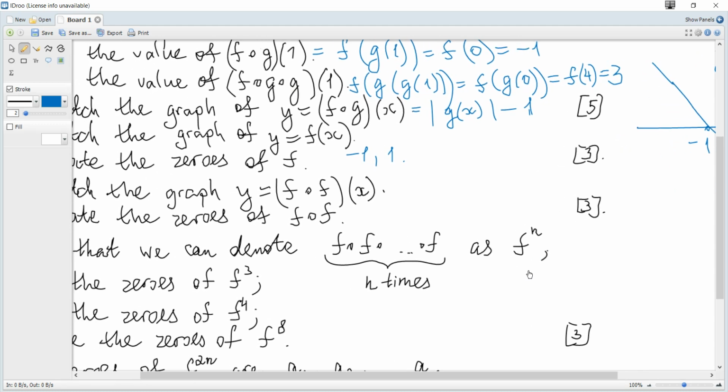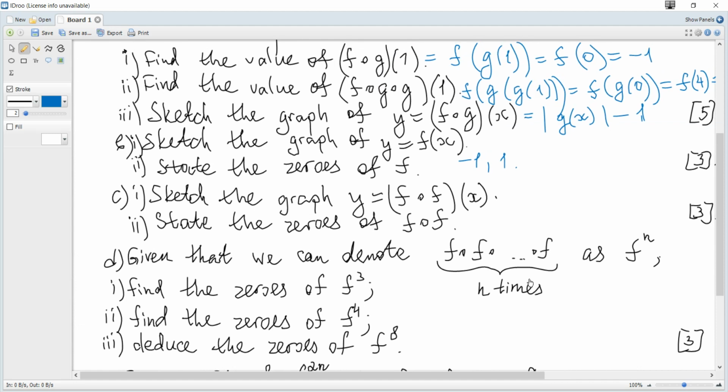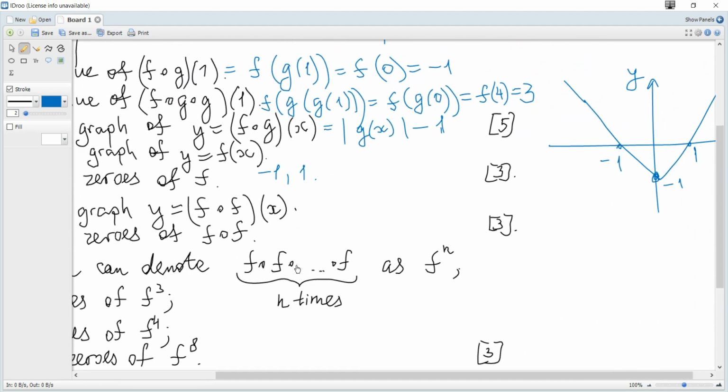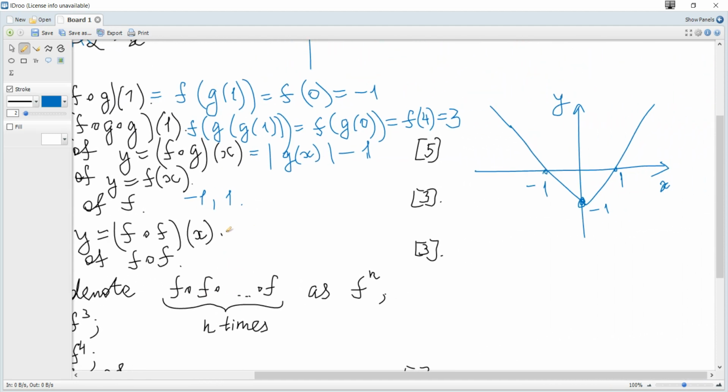Then sketch the graph y equals f of f of x. We can write the given function f as the absolute value of x, and minus 1.